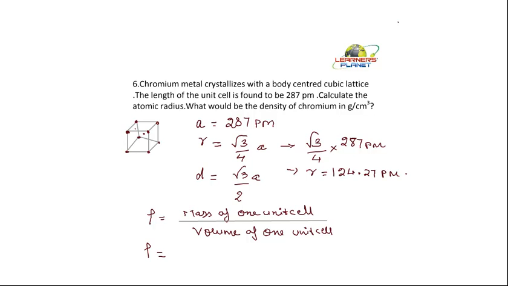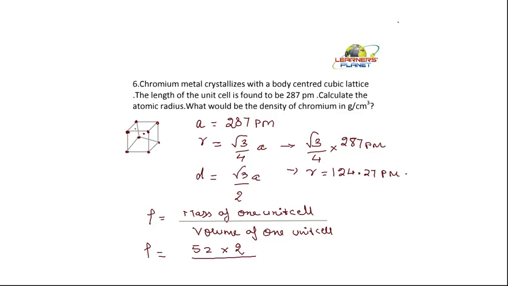So this is 52 multiplied by the number of atoms per unit cell, as it is BCC. So 1/8 at each corner and one at the body center. So it is 2. Right? Divided by the Avogadro's number, because you want the mass of one atom.